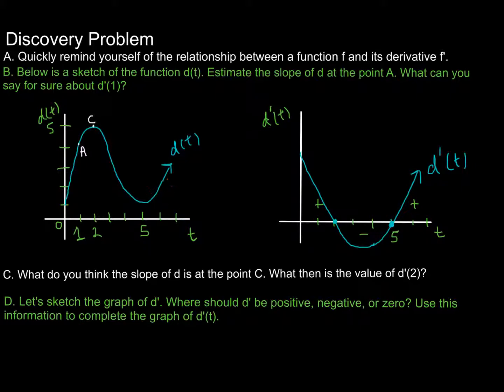Is the slope going to be positive? And then once you've decided positive or negative, you can think about how the slope should probably be decreasing. Let me just check to make sure. Yes, the slope is decreasing, getting shallower and shallower until I hit 2, and so on. And it makes it very, very easy to sketch a graph of the derivative.